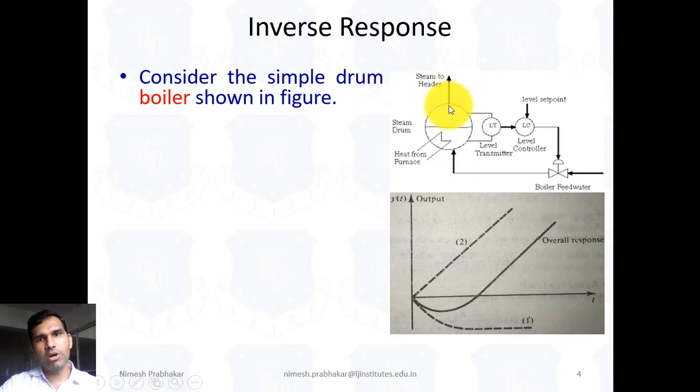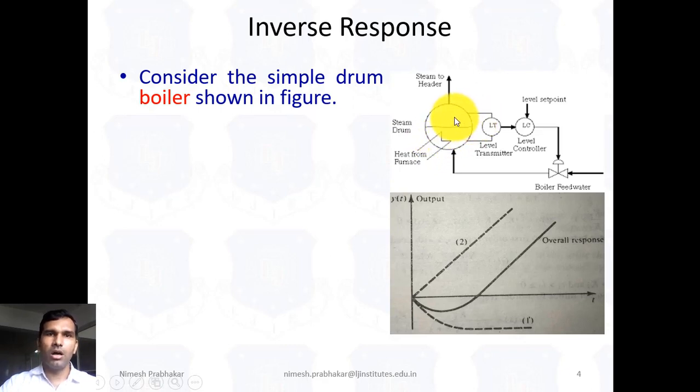So this is a boiler drum, and to convert this water into steam, we give the heat. This symbol represents the heat supply.